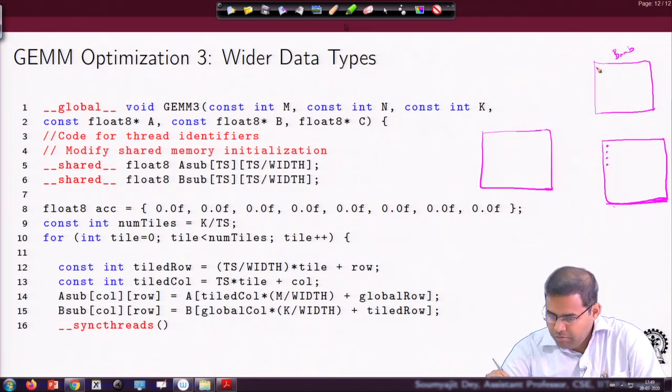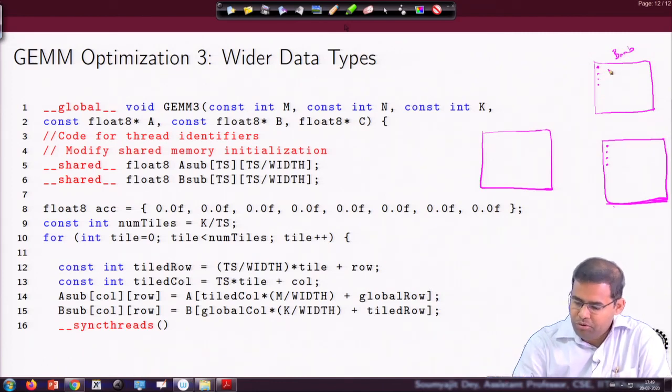So, I have data here like this, and for clarity I am drawing in terms of 4 instead of 8, just so we get the meaning correct, and the wider load instructions here are giving me values like this.